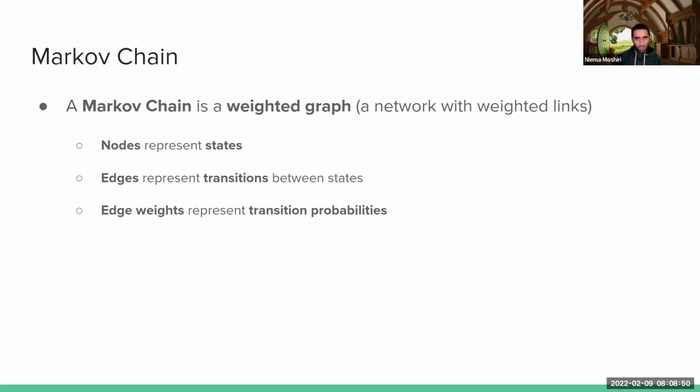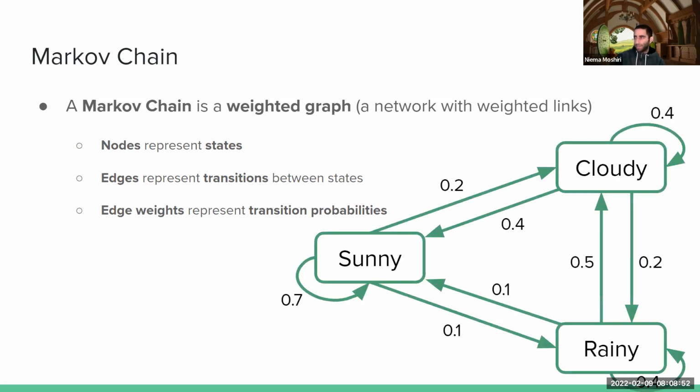This sounds really weird, kind of hypothetical, but I think this example might help exemplify it. We could theoretically represent weather as a Markov chain. The nodes represent states, and in this weather example, the states are what the weather is in San Diego. So the weather could be sunny, cloudy, or rainy in this simple example. The edges represent transitions between states.